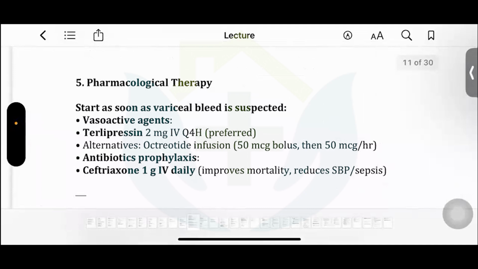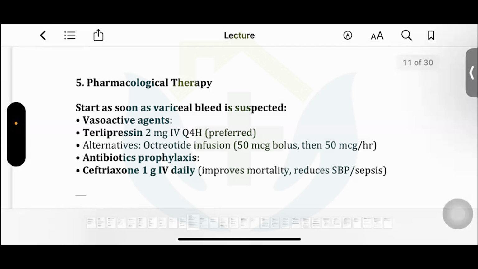So terlipressin will reduce the bleeding, plus it will improve the urinary output. How will it improve the urinary output? By causing better blood flow to the kidneys. So terlipressin is not only indicated to stall the bleeding in case of varices, but is also indicated in the management of hepatorenal syndrome. Alternatives to terlipressin are octreotide infusion, very less used. Terlipressin is now the standard of care.